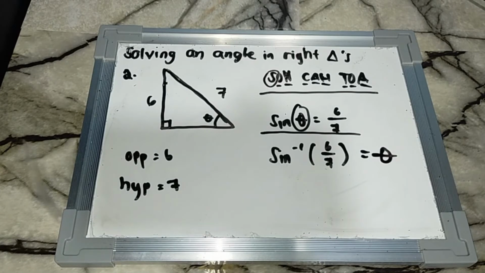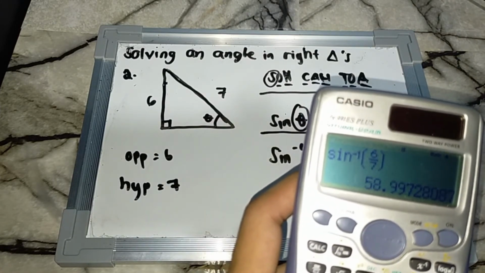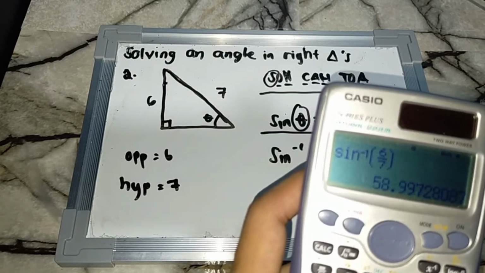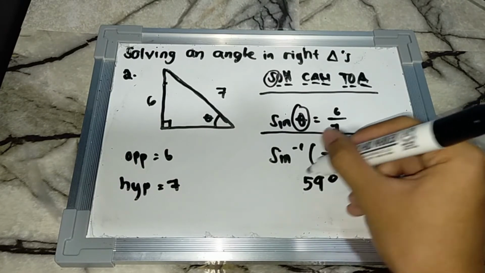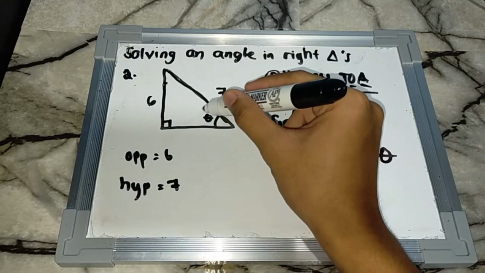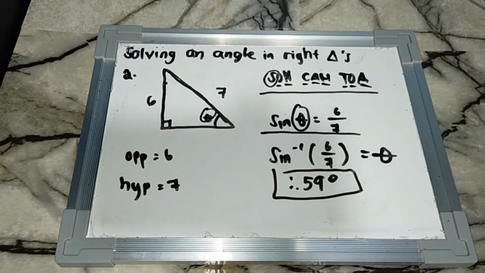So using our calculator, the inverse of sine times 6 over 7, the answer is 58.997. So we could estimate that to 59 degrees. Therefore, the value of this angle is 59 degrees.